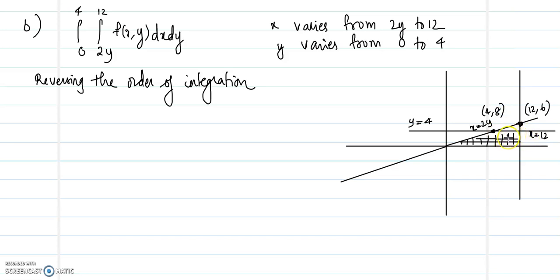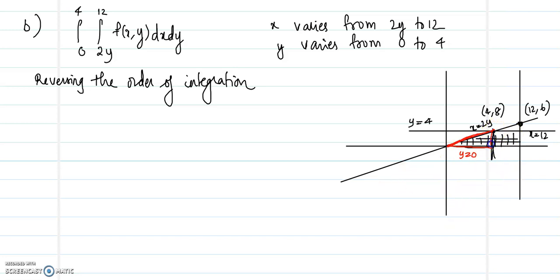Okay. And so when you first take the limits with respect to y, up to x equal to 8, y varies from y equal to 0 to y equal to x by 2, up to this line. This is y equal to 0, and this is the uppermost curve which is y equal to x by 2.